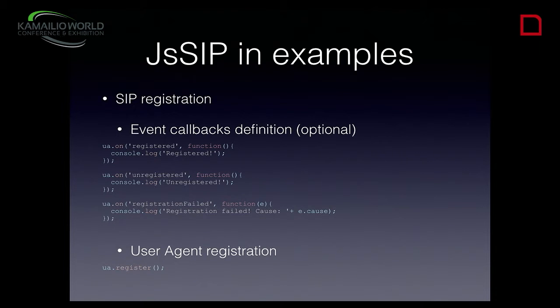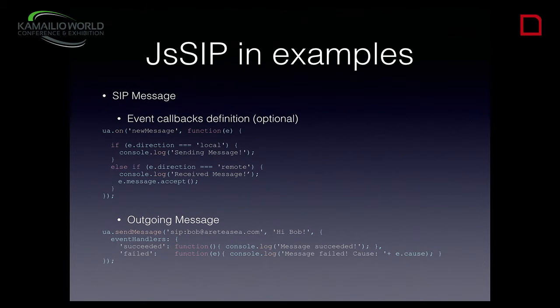If we want to have more control over this, we can configure the event callbacks. So we've got here the registered callback and the registration failed callback. Here we just send some messages to the browser console, and then we just tell the user agent to register. That's all.